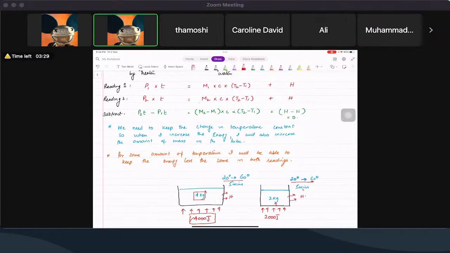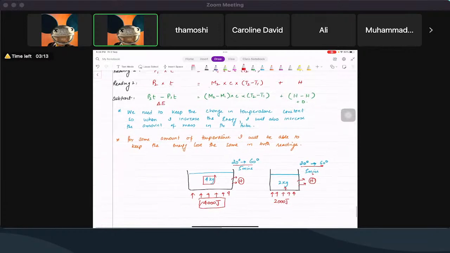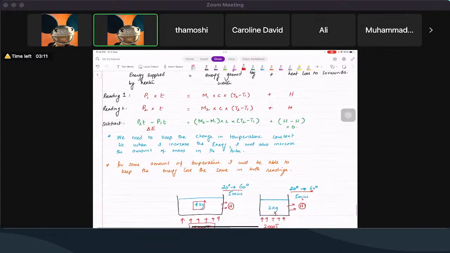Because we don't exactly know how much heat energy is being lost to the surroundings. So when you subtract these two equations, you see this will give us the change in energy. This will give us basically the change in mass times C and delta theta, of course.